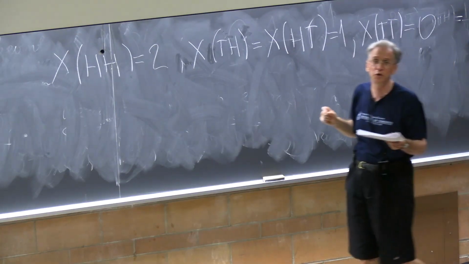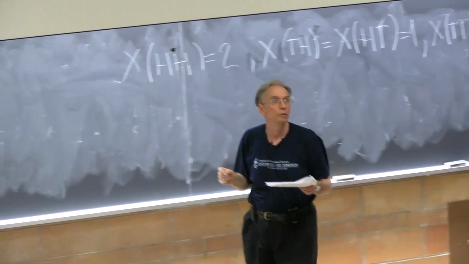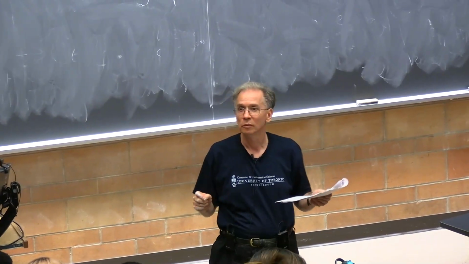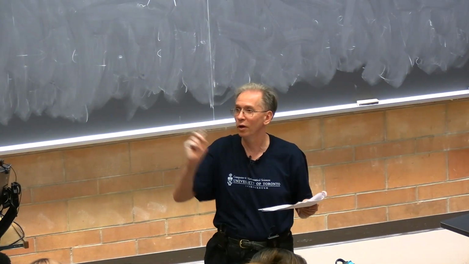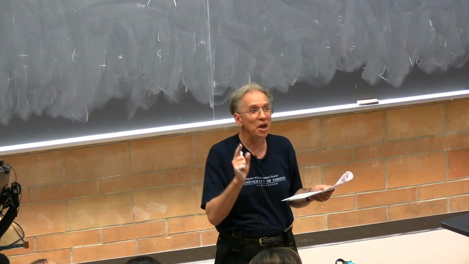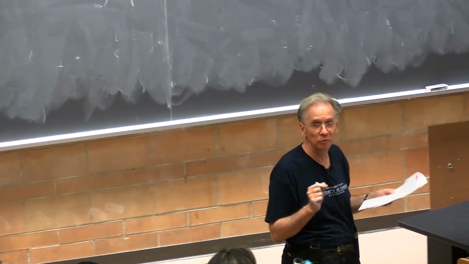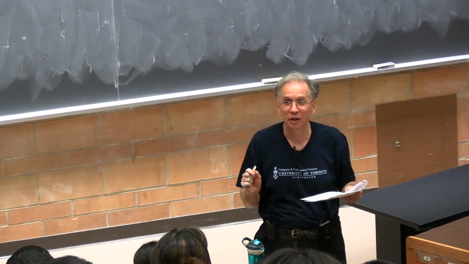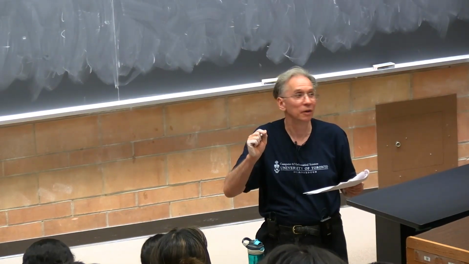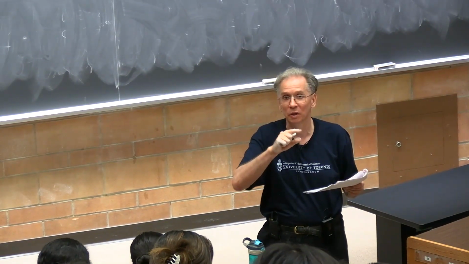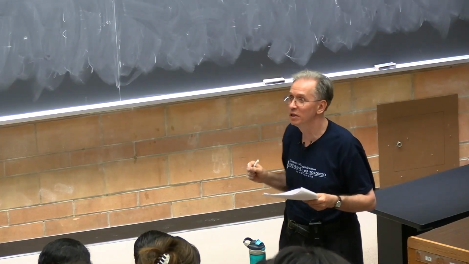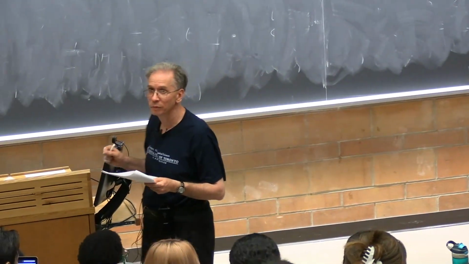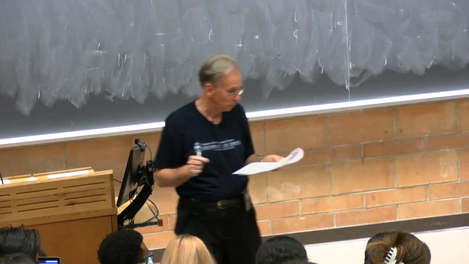Did I miss anything? No. Yeah, you're right. For each elementary outcome out of 4, I defined our number, which is an integer between 0 and 2. Okay?